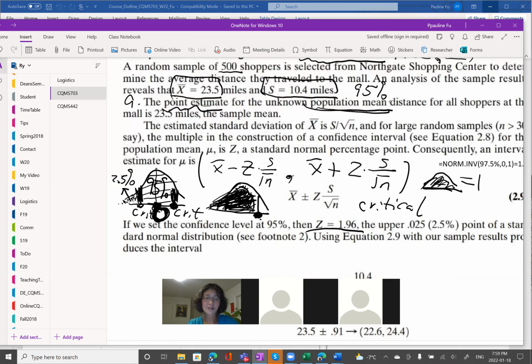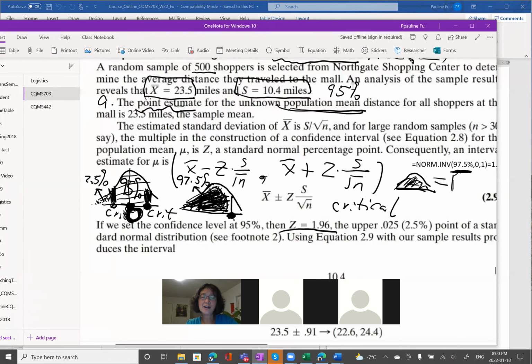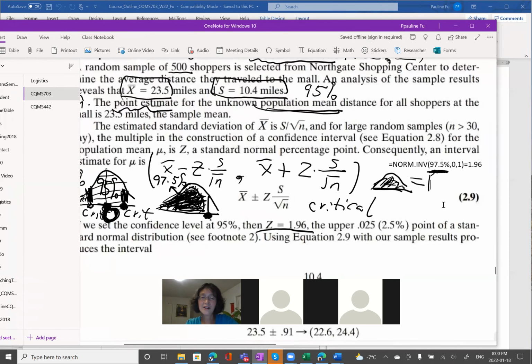Thank you so much. This area would be 97.5%. So now, do you understand why I type in 97.5% in my Excel formula? Because Excel is based on area to the left. That's how I get the critical value 1.96 based on Excel.